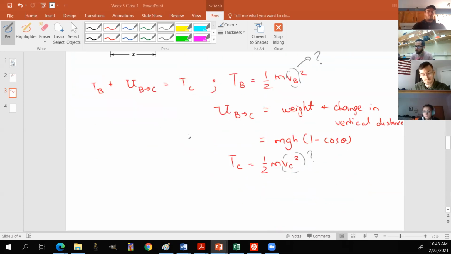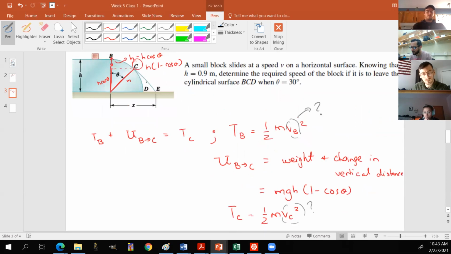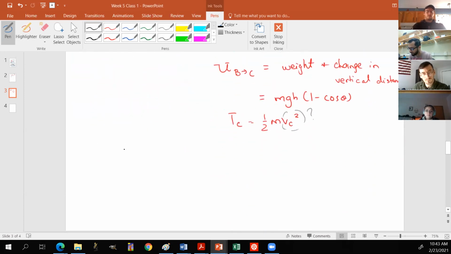At any random position between B and C, if I draw the free body diagram, what do I have? I have my weight always acting downwards. I have my normal force, and that's going to act at some angle theta.